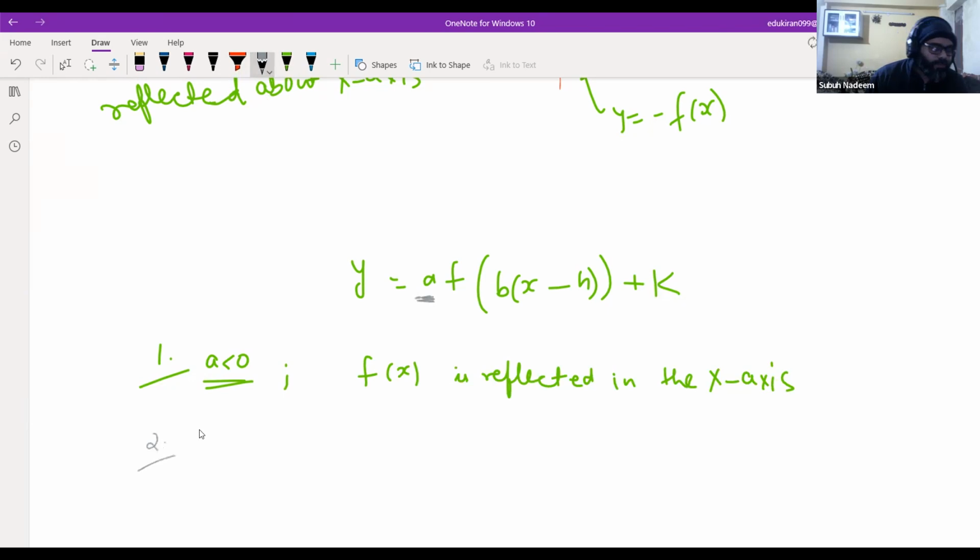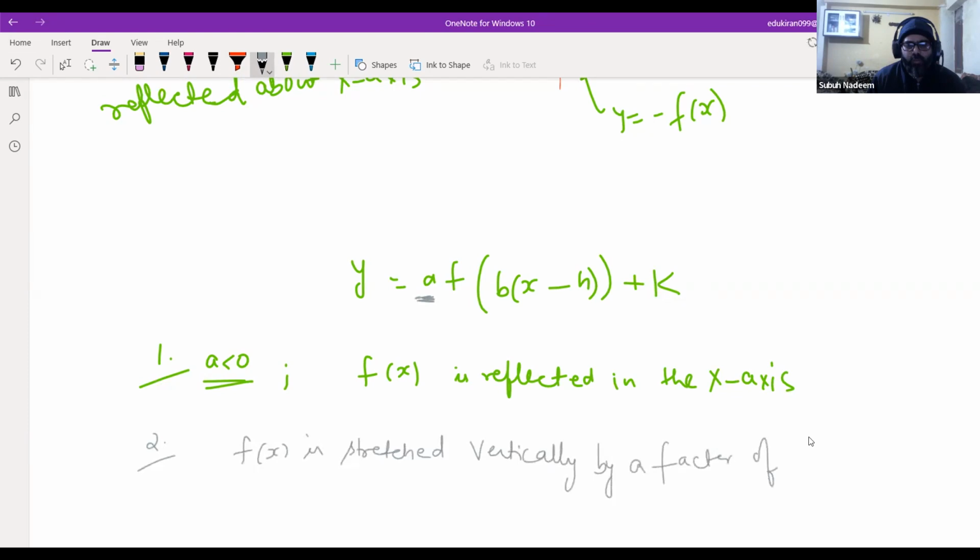Second one, f of x is stretched vertically from the x-axis by a factor of mod a.